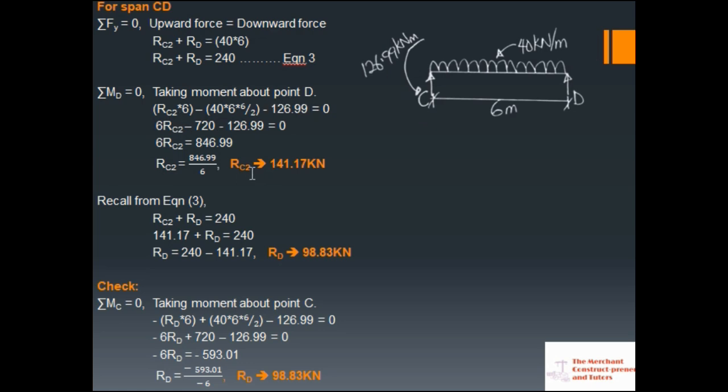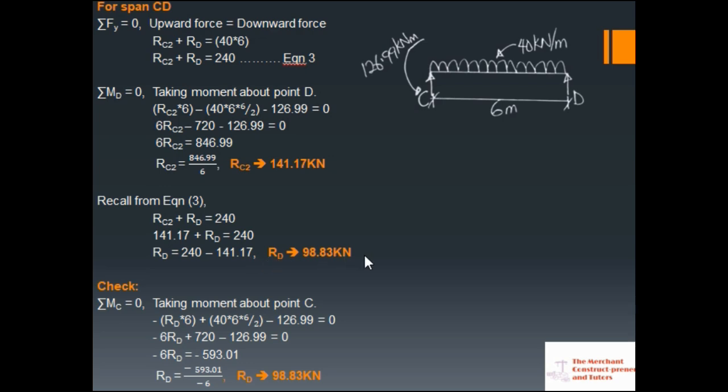Manipulating it, we have ROC2 equals 141.17 kN. Same thing as we did initially for others. Substituting this value for ROC2 in this equation 3, you have your ROD as 98.83 kN.